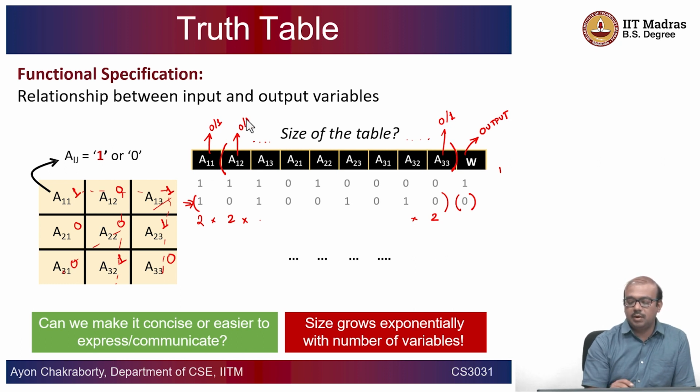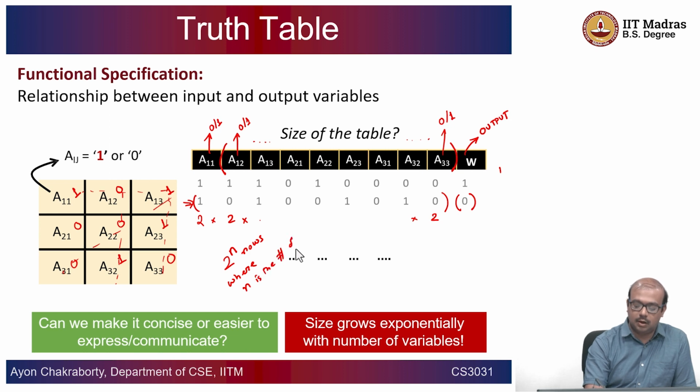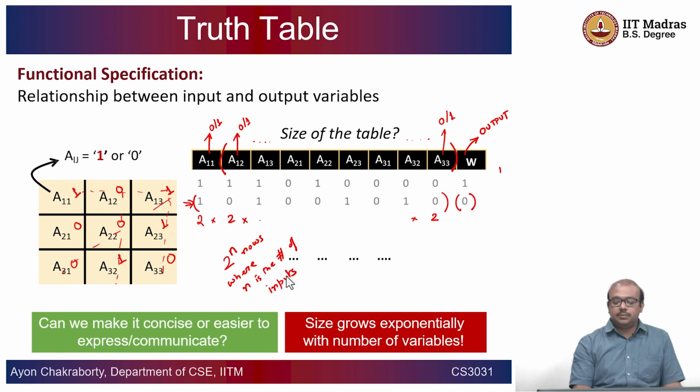So you are going to end up with 2 to the power n rows, where n is the number of inputs. That is the reason we say that the size grows exponentially with the number of variables, or inputs, to the logical circuit.